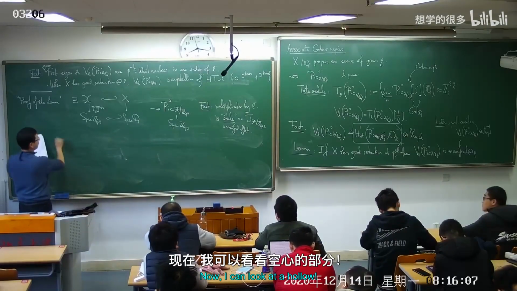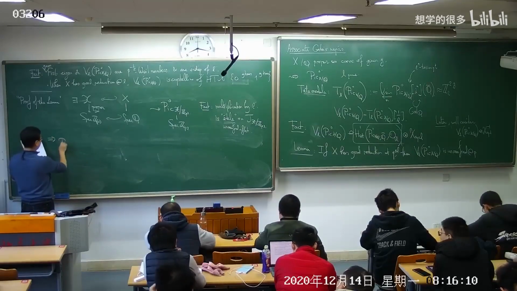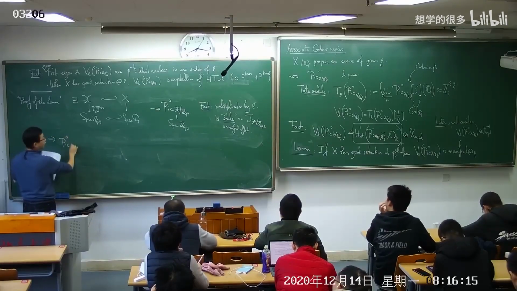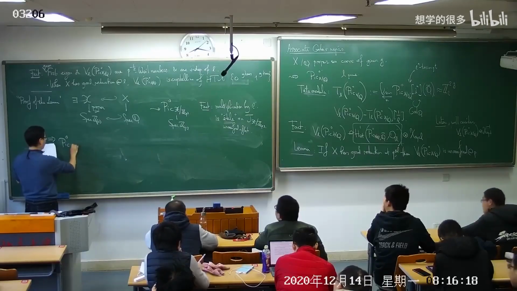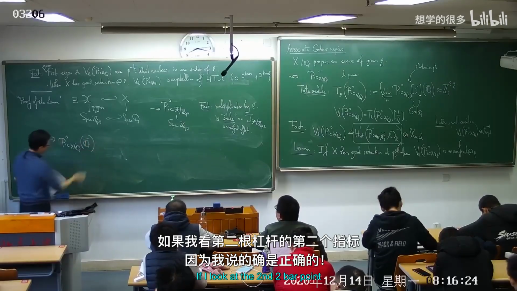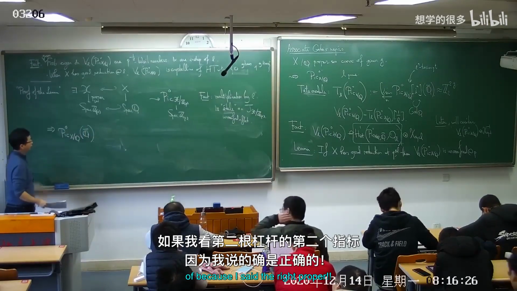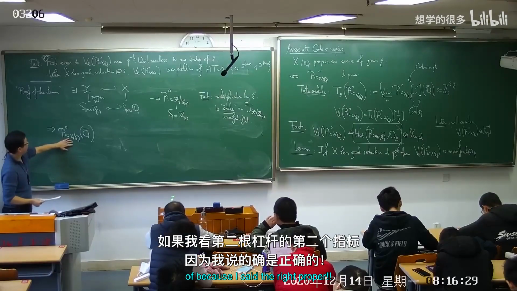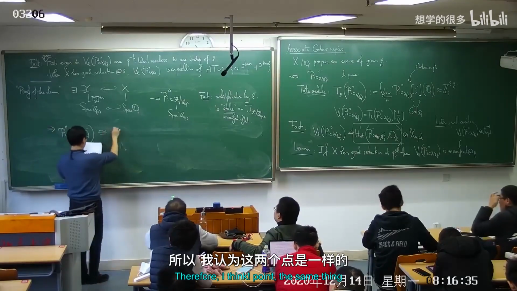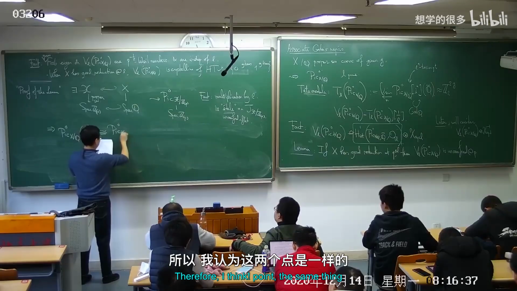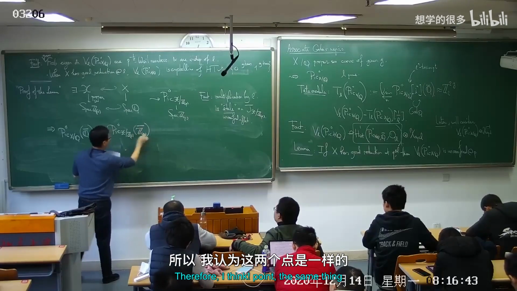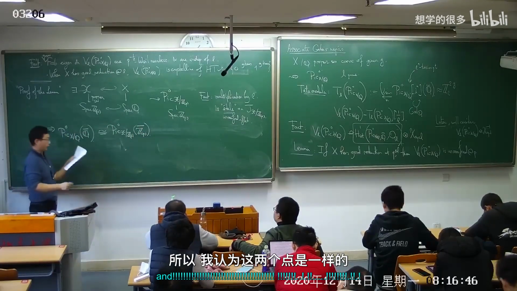Now I can look at the following. If I look at a certain Q bar point on the curve, because I said the Néron model is proper over Spec Z, therefore the integral point is the same thing as the rational point.